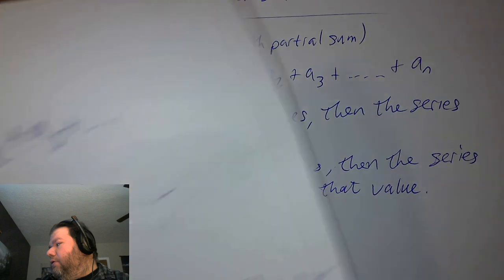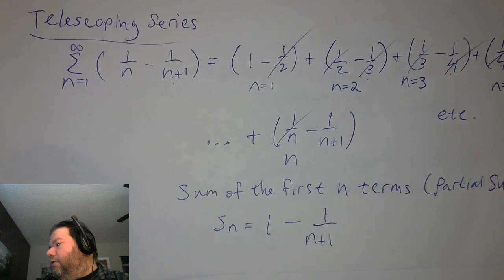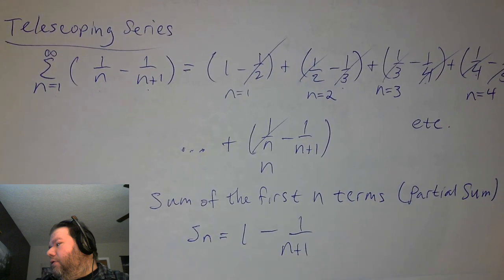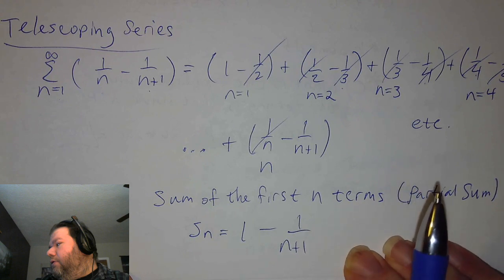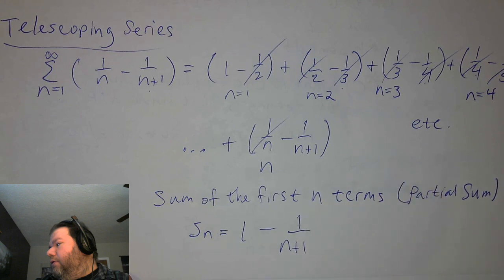So we bring back in our telescoping series, and we see that we had S_n equals 1 minus 1 over n plus 1. Now we can take the limit as n goes to infinity, but the only time that n appears is in the denominator.